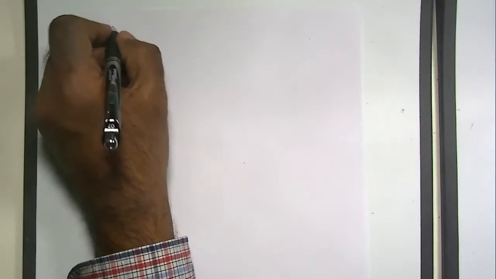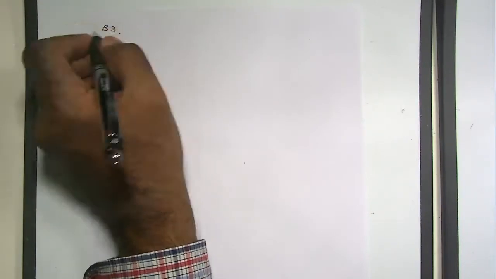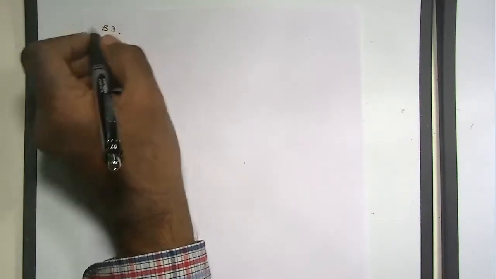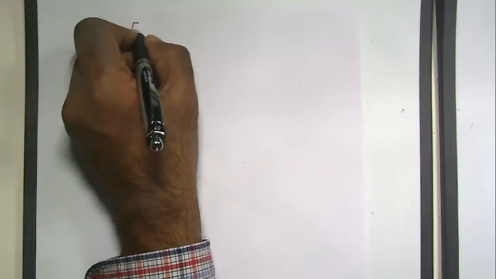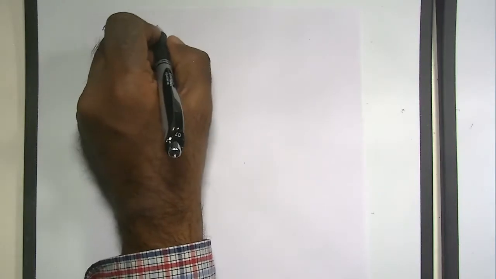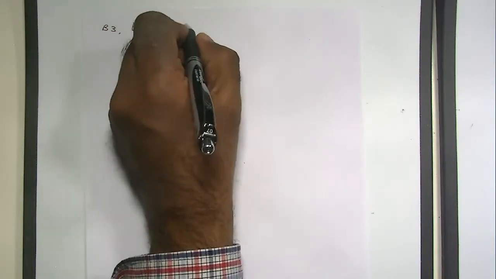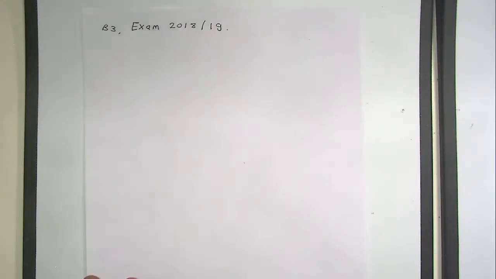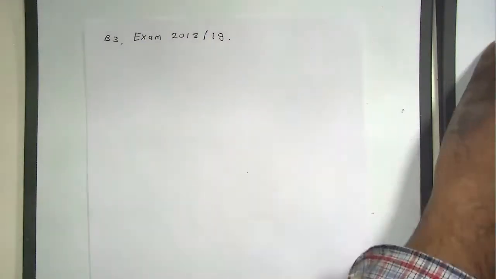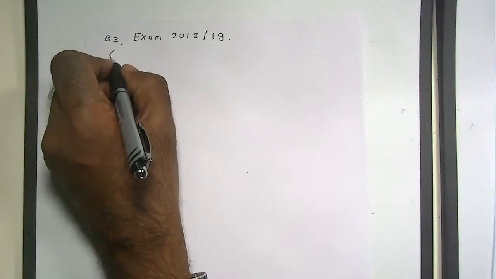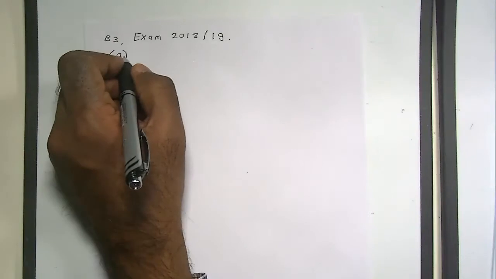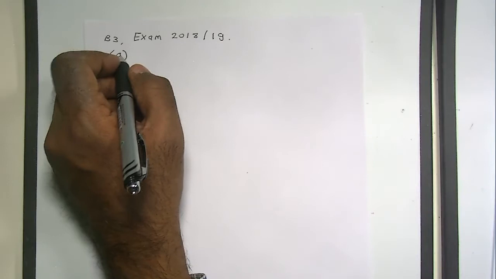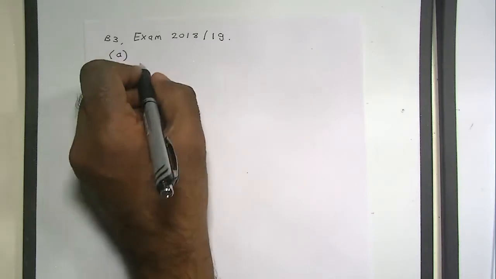B3, exam 2018, 2019. Okay, part A is just bookwork. Part A is define VaR and expected shortfall. So you just give the definition.